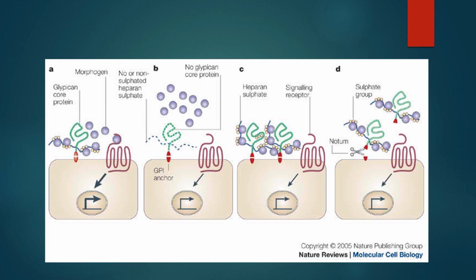The HSPGs can also bind to cytokines, chemokines, growth factors, and morphogens, protecting them against proteolysis. This also facilitates the formation of morphogen gradients essential for cell specification during development and chemokine gradients involved in leukocyte recruitment.